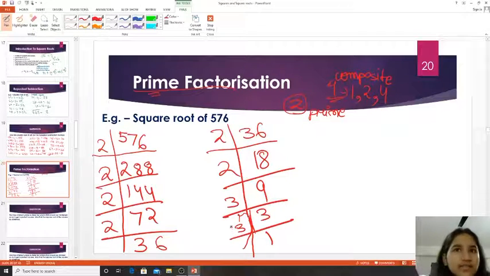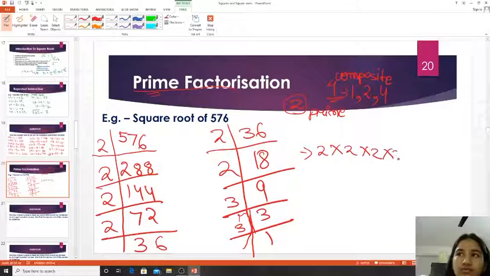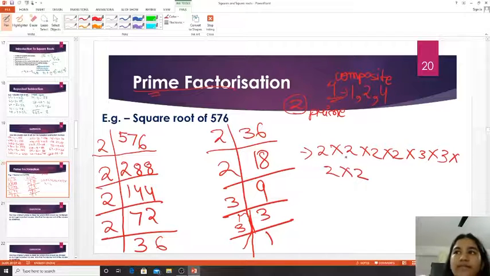So how do we find the square root? Do we have to multiply all the numbers? No, that's not going to be correct. For this, we first write its prime factors: 2 into 2 into 2 into 2 into 2 into 2 into 3 into 3. Then we are going to pair the same numbers. How many pairs do we get? 4 pairs, right?